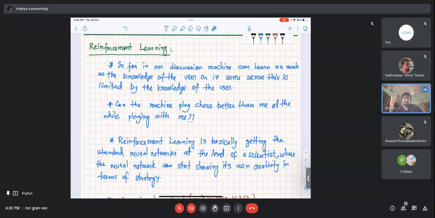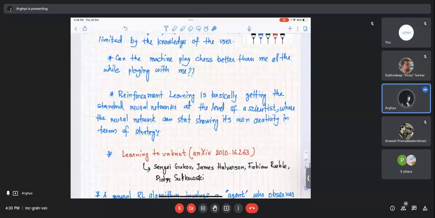If you're always a student, if you just go to your teacher and start asking questions, you will never learn more than the teacher. So you have to be creative on your own, like what people call a scientist. You make your own mistakes and you learn from your own mistakes, and that's the same principle in some sense in reinforcement learning.